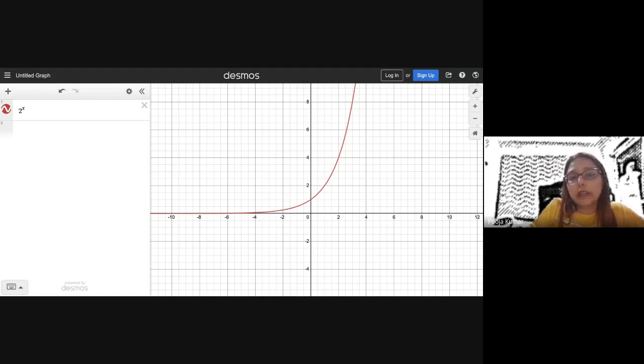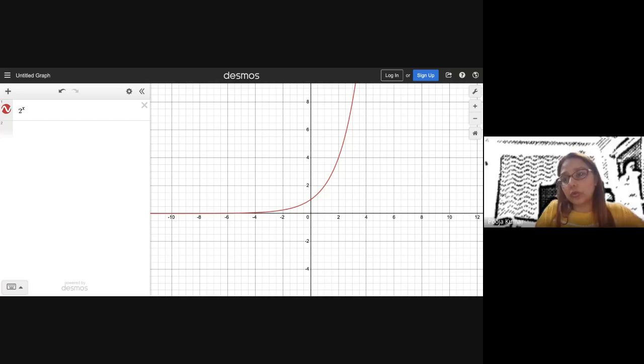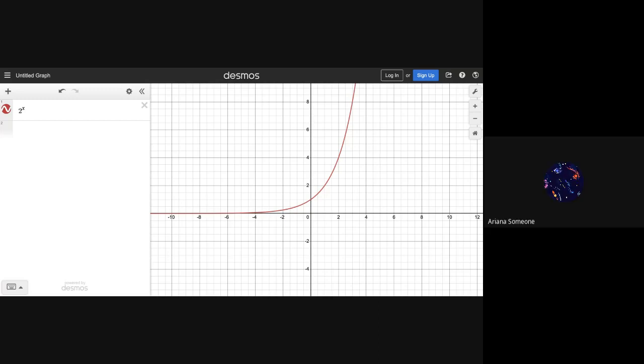Can you give me the answer for 2 raised to power -2 now? Pay attention. 2 times 2 is 4.